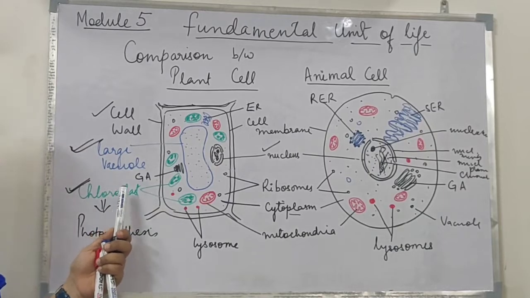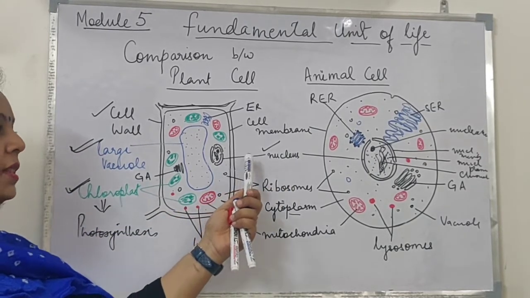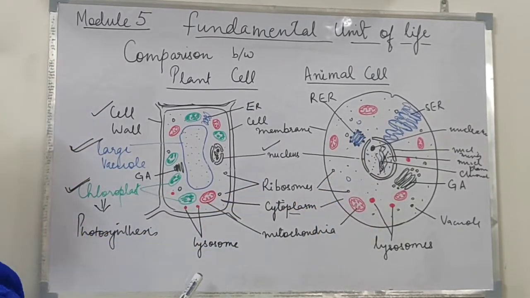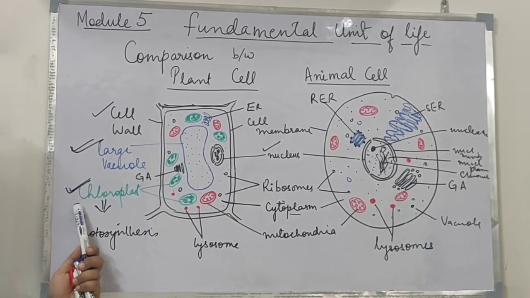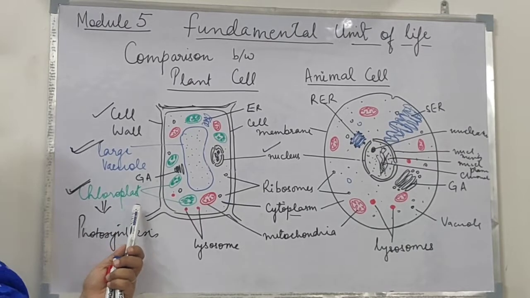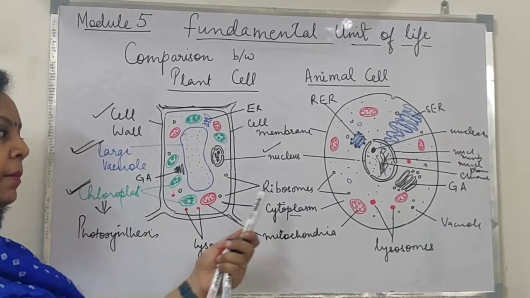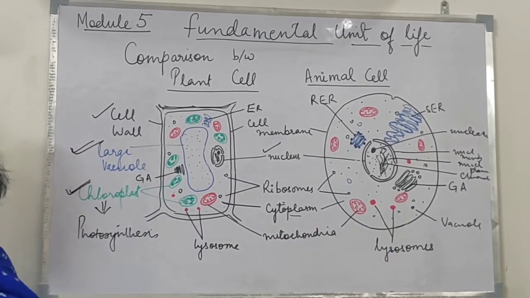And if you see the nucleus, it is shifted on one side in case of plant cell, and it is occupying the central position in case of animal cell. Last but not the least, very important point, plant cells show the presence of chloroplast, which are the largest cell organelles, but they are not present in animal cell.